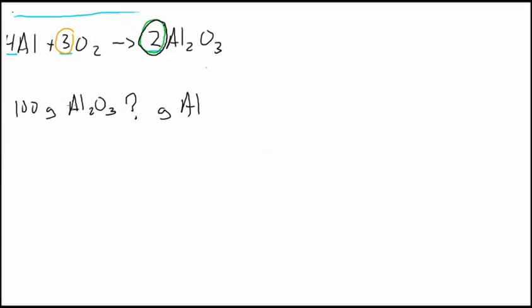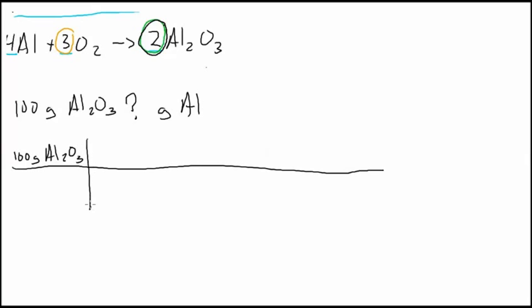So we're given an amount in grams, and we're trying to find an amount in grams. So let's see what we're going to need for this. So 100 grams of aluminum oxide, right?